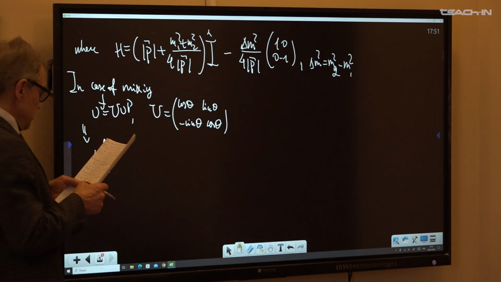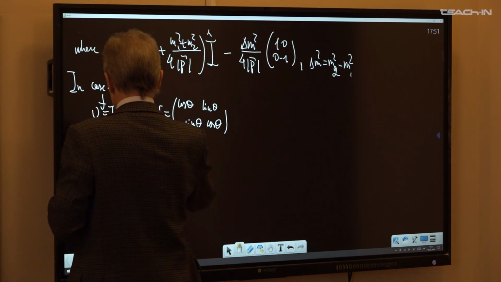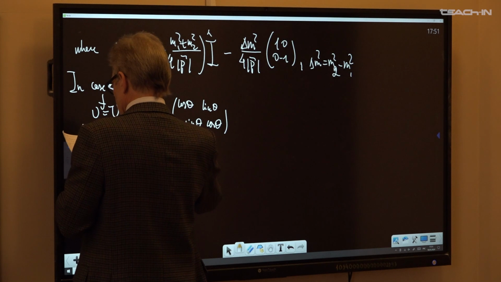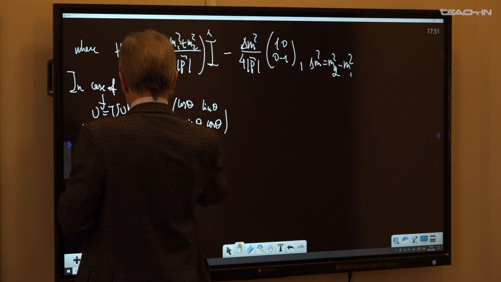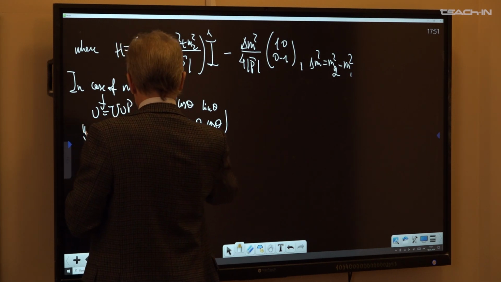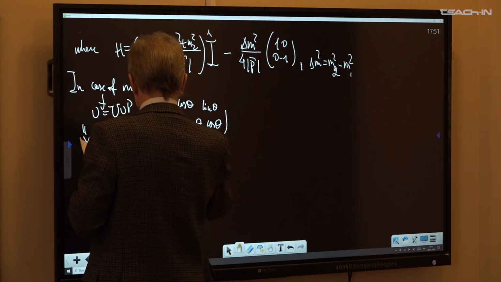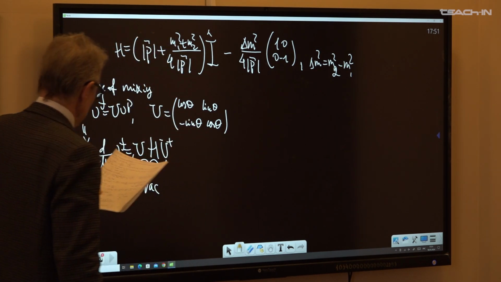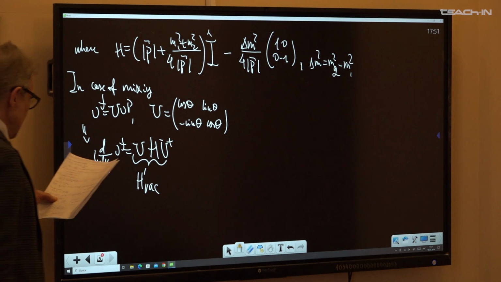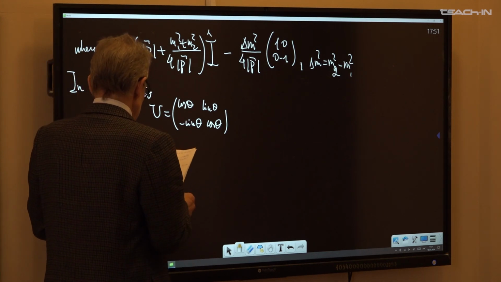So this neutrino flavor Hamiltonian, U, H, U cross, we call the prime vacuum Hamiltonian.